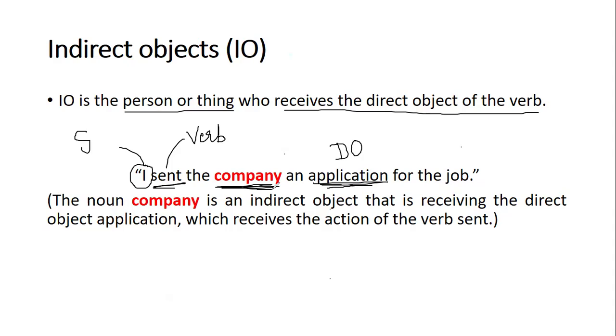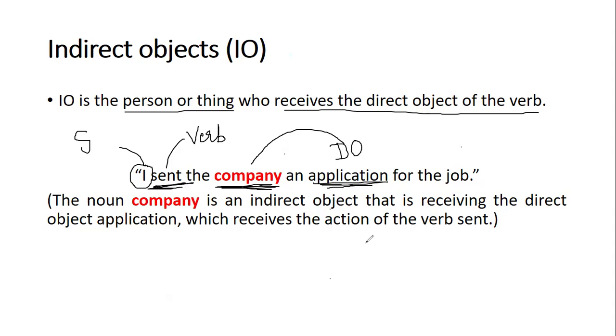It is a thing, right? So the company is an indirect object that is receiving the direct object application, which receives the action of the verb sent, right? So you can say that sentences which have indirect objects are a little bit exaggerated to give more information, right?